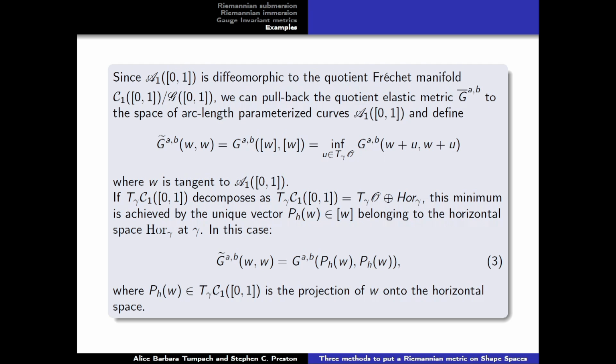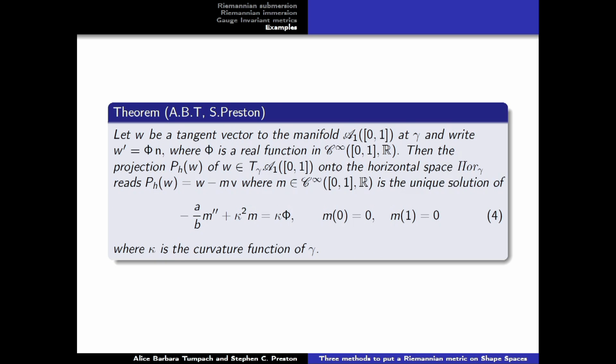And what we did in one of our papers is to express the quotient Riemannian metric of the elastic metric, but expressed on the manifold of arc lengths. So, as I said, here you have to project on the tangent space of arc lengths, and we could compute this projection.